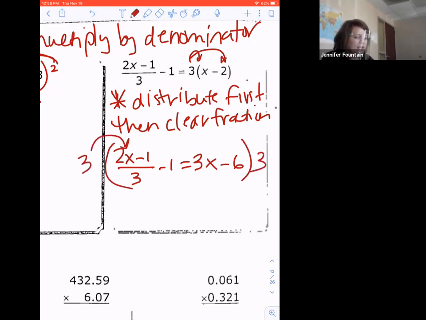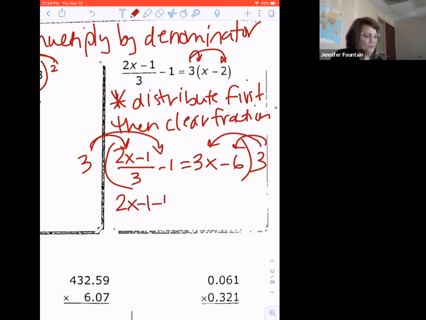So when I multiply it, each term. So when I multiply 3 times 2x minus 1 divided by 3, I'm just left with 2x minus 1 minus another 1 equals 3 times 3x is 9x, 3 times negative 6 is minus 18. So I have 2x minus 2 equals 9x minus 18.